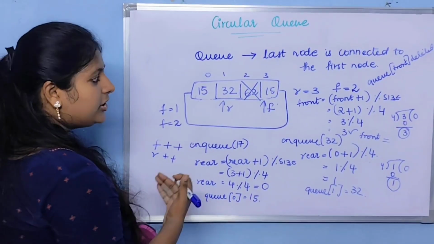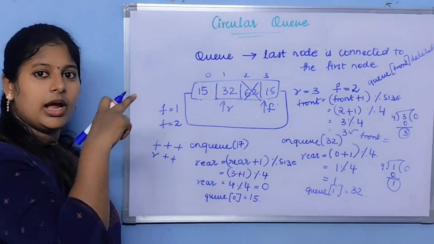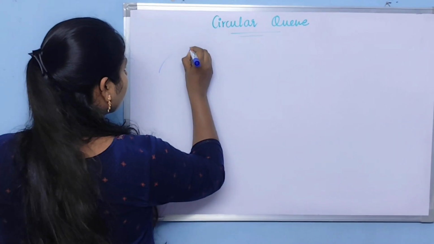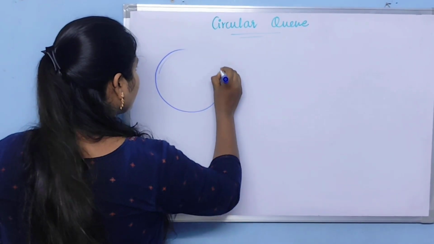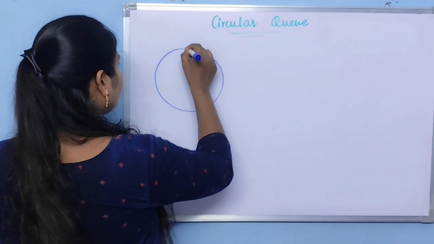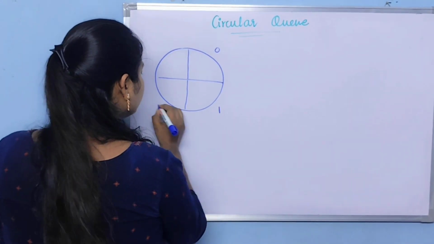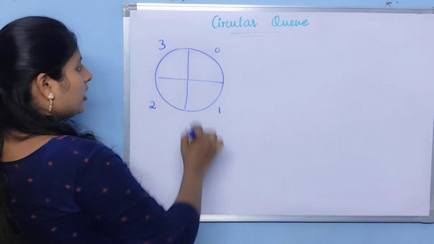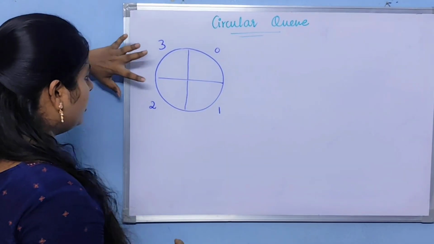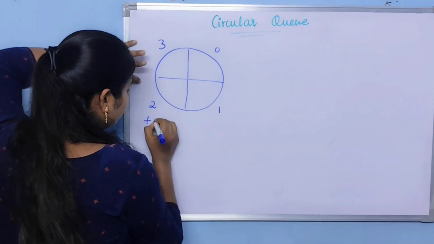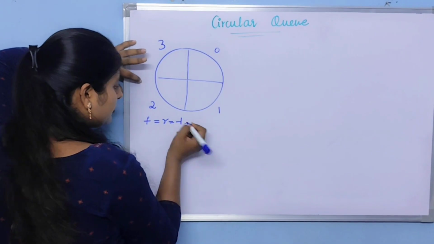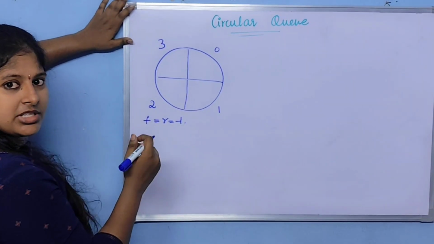Now we'll perform these operations on an empty queue. Let's consider a queue. This is a circular queue. For visual representation, I have to draw it like this. Initially front equals rear equals -1. There are no elements in the circular queue.